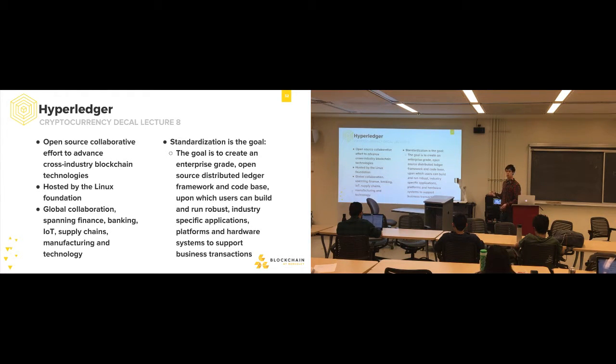And so it spans things from finance, banking, IoT, supply chain, which, by the way, is if I'm a rice producer and I want to know how much rice goes on the conveyor, that's kind of what I mean by supply chain. Also manufacturing and technology.